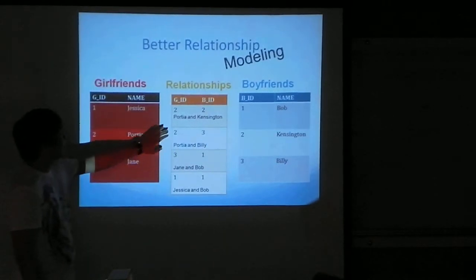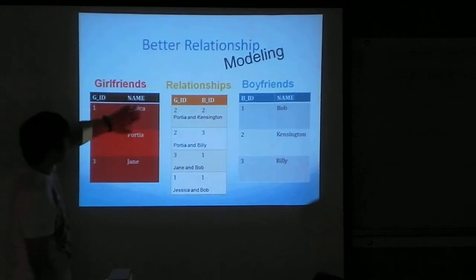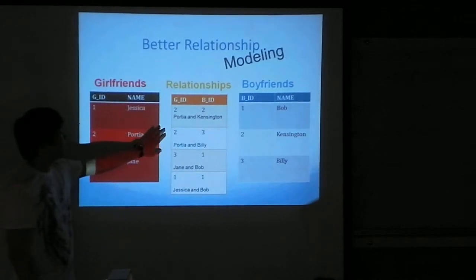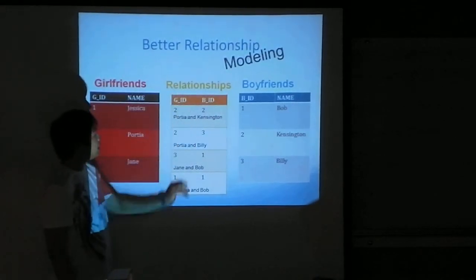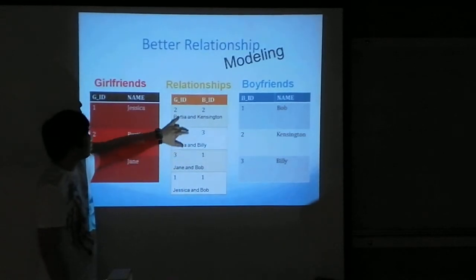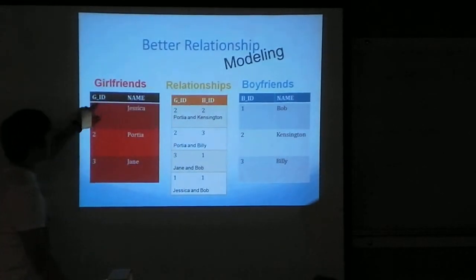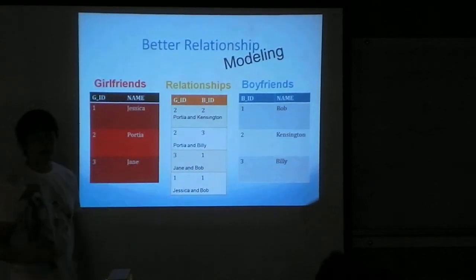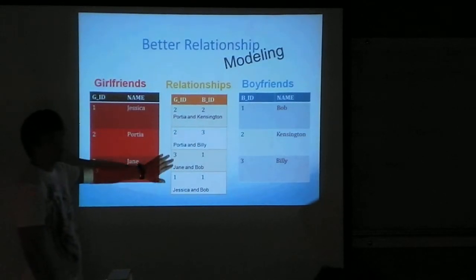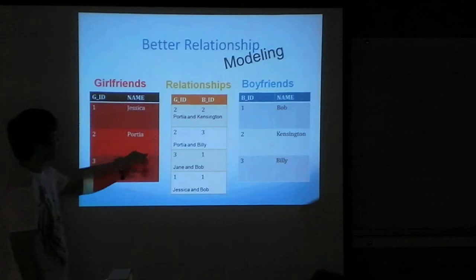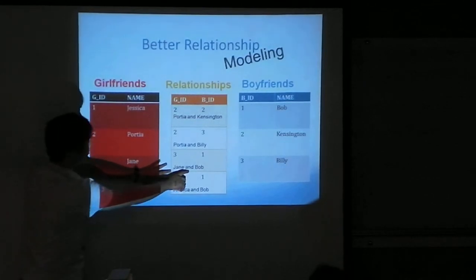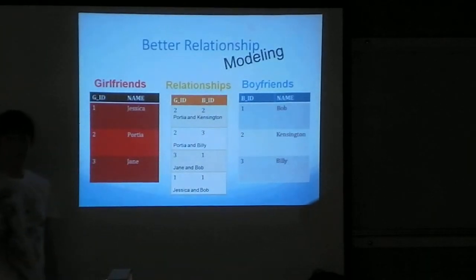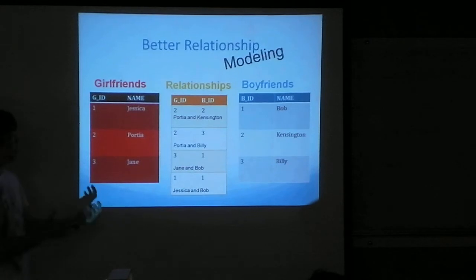Here, we kept it simple: the girlfriends have a girlfriend ID and a name, and the boyfriends have a boyfriend ID and a name. In the relationships table, we have 2 columns, the GID and the BID, and these 2 columns are foreign IDs. This one refers to that GID, and this BID refers to that BID. Using the mapping we had earlier, this is what the table would result in. Portia and Kensington have a relationship, Bob and Jane are still in a relationship, and Bob and Jessica also stay in a relationship, using this representation of the data.